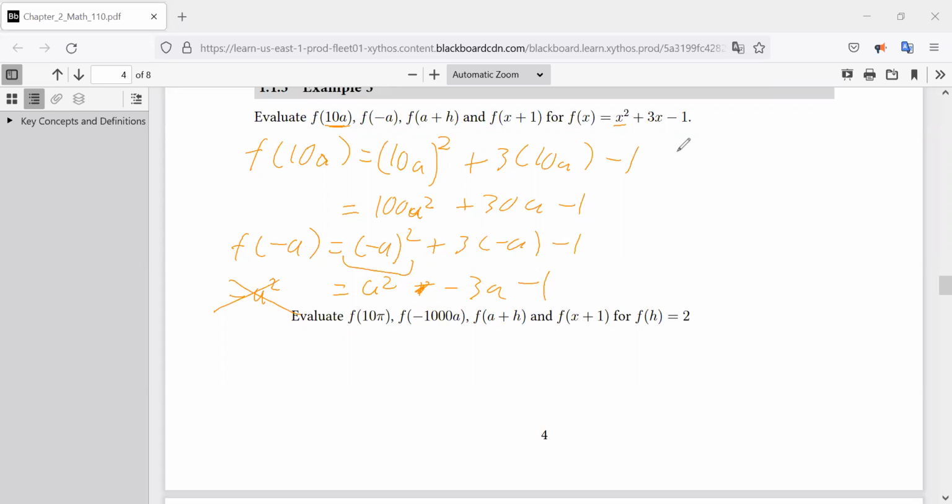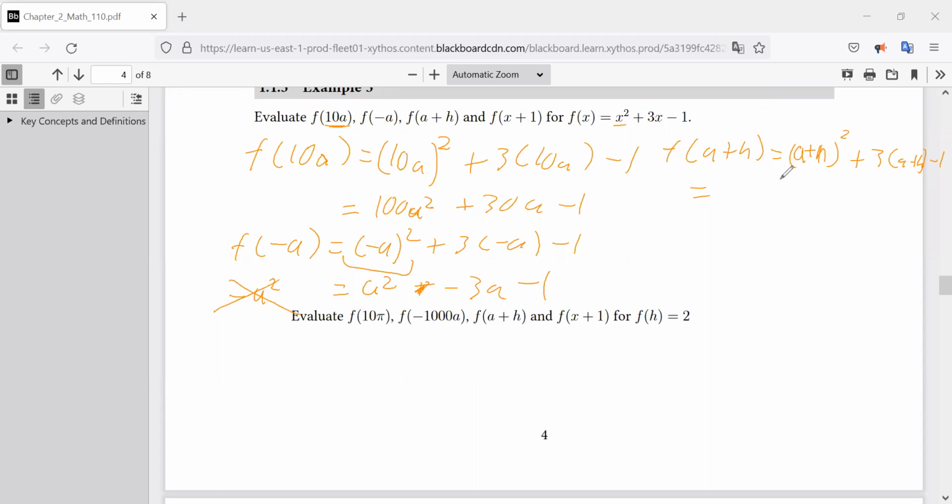I think it makes sense. Okay, cool. So if we do f of a plus h, what does that become? Well, we get a plus h squared plus 3 times a plus h minus 1, right? So, does that make sense to people?